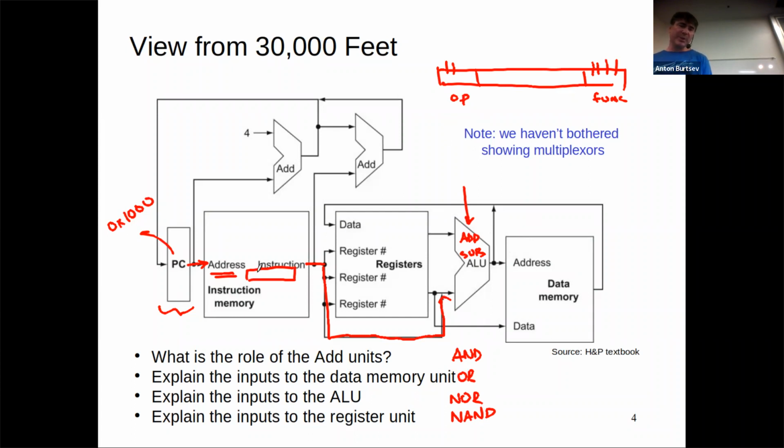So some of this part of this instruction, which is inside the opcode and a function, can be connected to the ALU here to specify whether it's an addition or subtraction. Some of this is the register source, register target, and register destination, right?